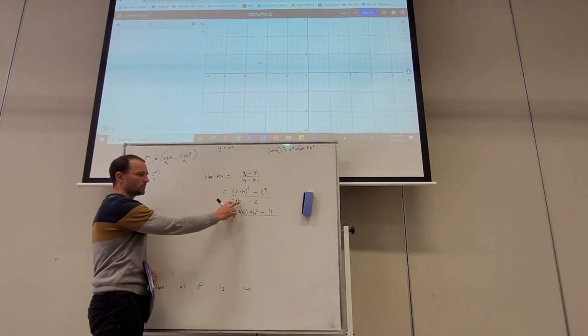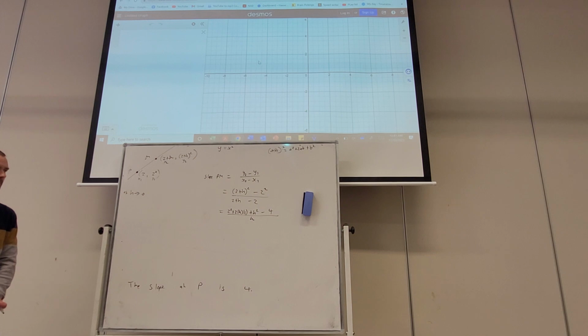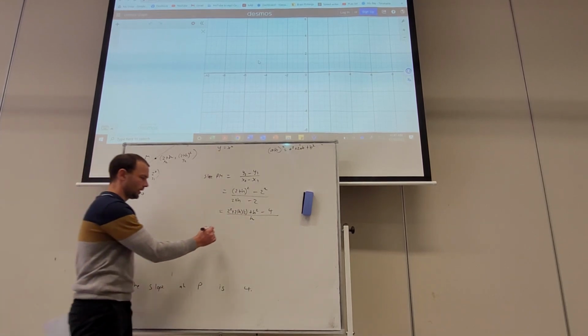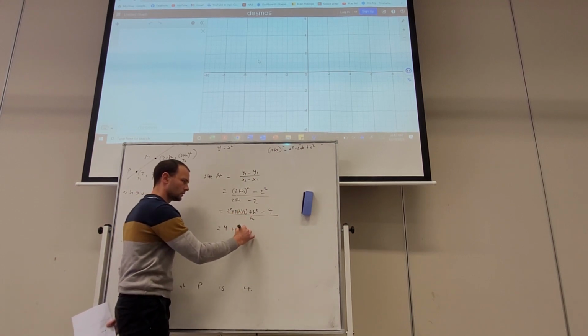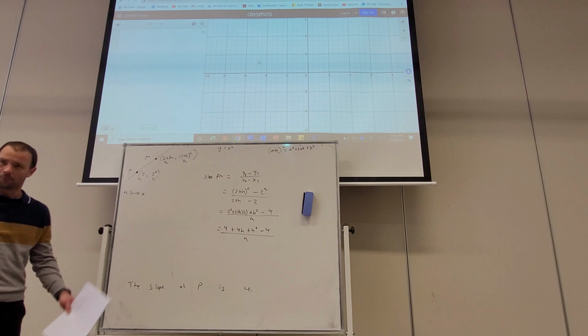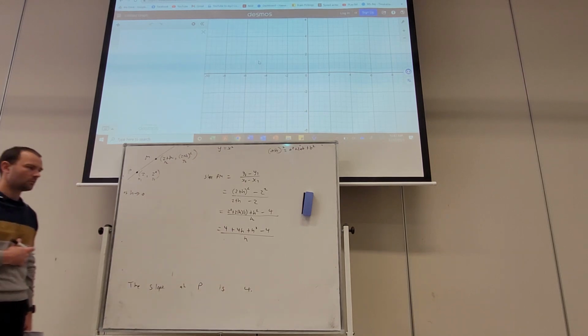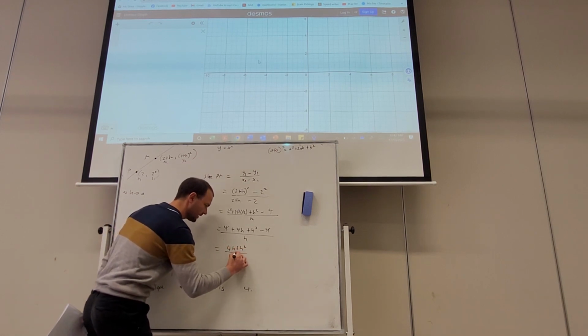And at the bottom here we have 2 plus h, take 2, the 2's will cancel, and we're just left with h. Just simplifying, this is 4, this is 4h. h squared, take 4, all on top of h. 4 can cancel, we have 4 take away 4, so that will cancel. And so we're left with 4h plus h squared on top of h.